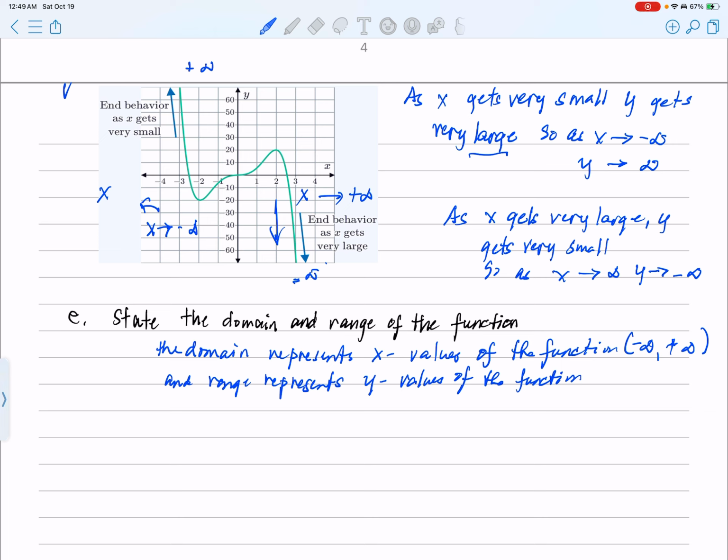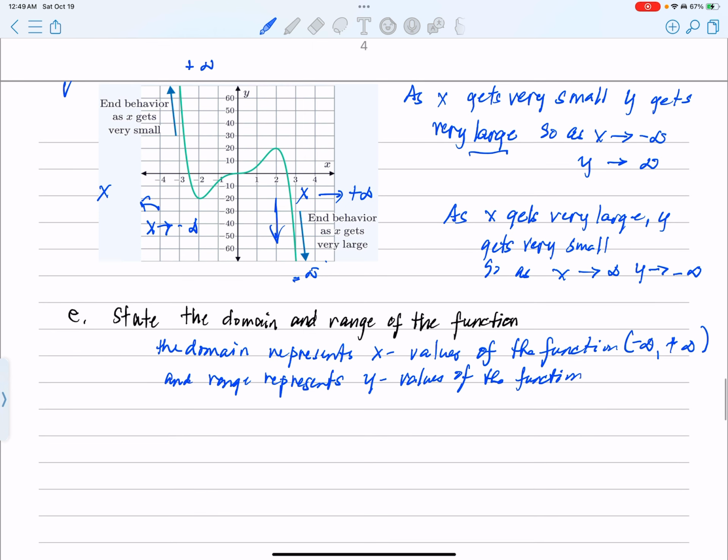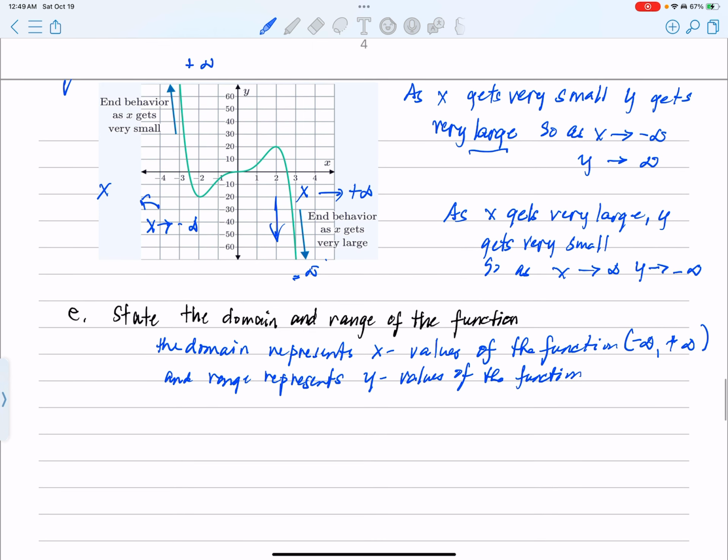On the left, the x values get smaller and smaller, and on the right, as the x value gets large, the y values become smaller and smaller.